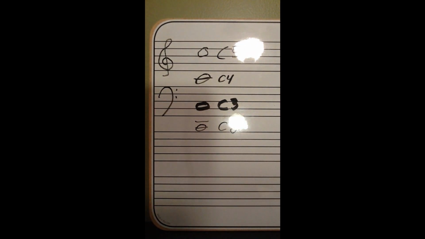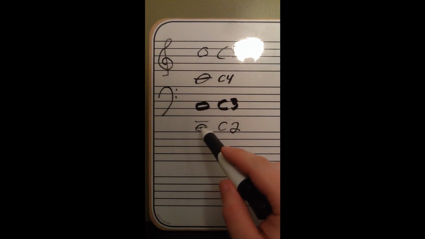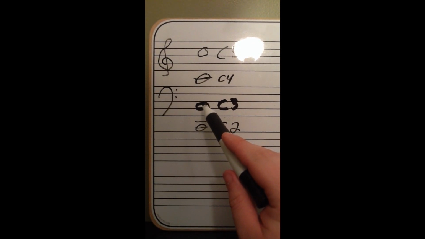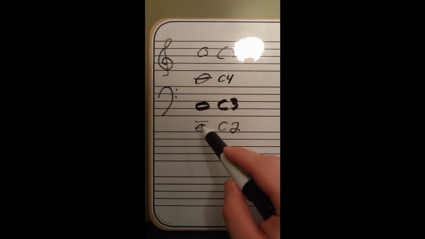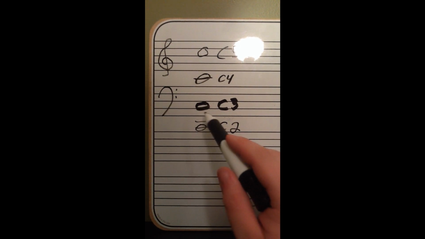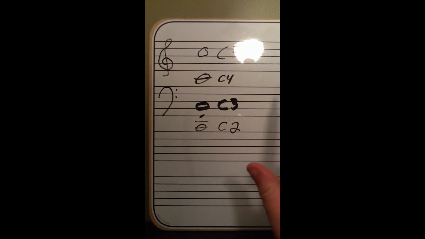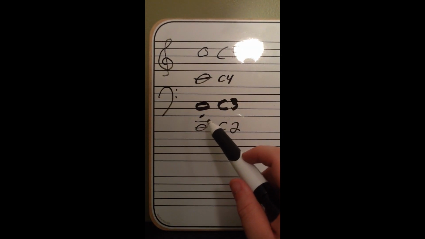So every note between one C and the next will be in the register below it. If I wrote that G right here, that would be a G2.